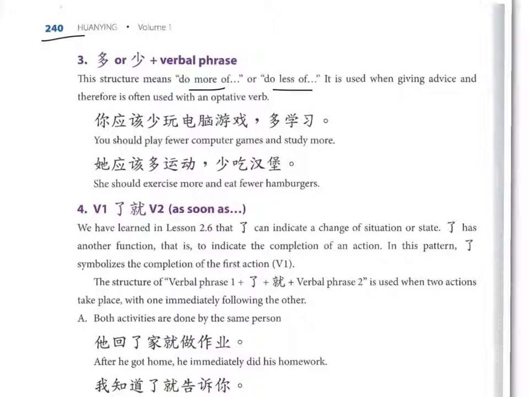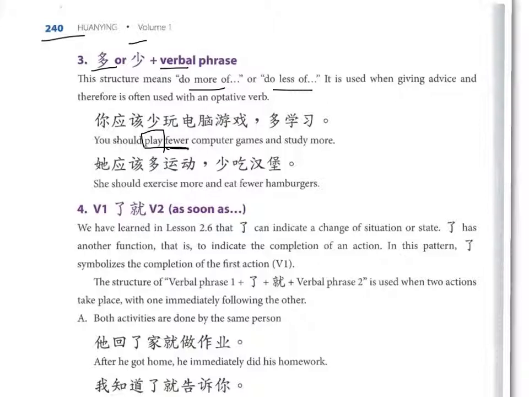So let's take a look. If you use the 多 together with a verb, then it means do more of that. If you use 少 together with a verb, it means do less of that. Okay, so for example, you should play fewer computer games. The verb is play, and you should do less of it, fewer.